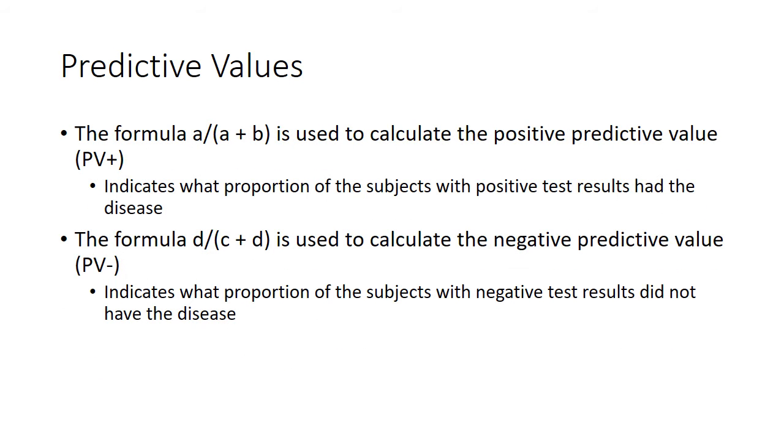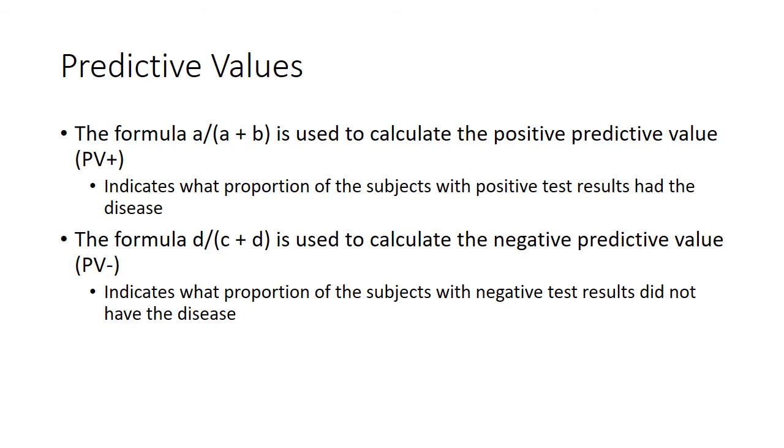So looking at positive predictive value, you see PV plus as a way we can abbreviate that. Basically, you're looking at your true positives divided by all the people who had a positive test result. So that would be people who had true positives in cell A and people who had false positives in cell B. This indicates the proportion of people who had a positive test result who happen to actually have the disease.